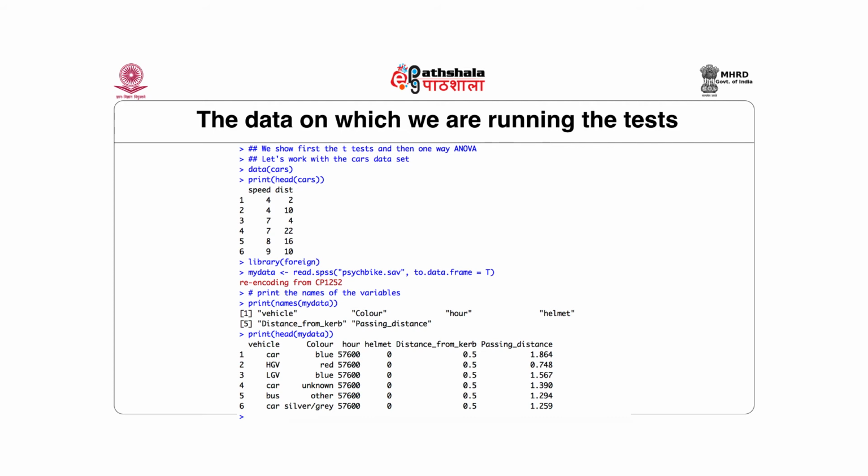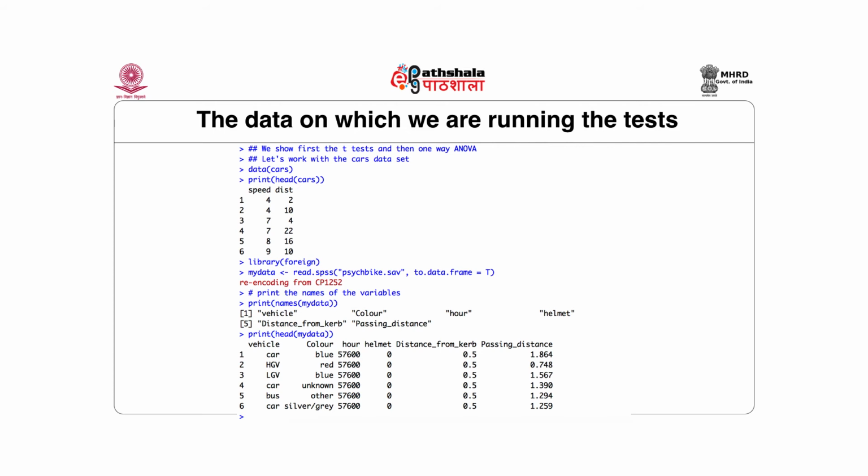This is known as the SciBike dataset, which is a very popular dataset that we have been using in these demonstrations of the last few cycles. In here, we are noting the passing distance, the distance from the curb, the different kinds of vehicles that are parked on a curb in a particular city, etc. So we're going to use these two data sets.